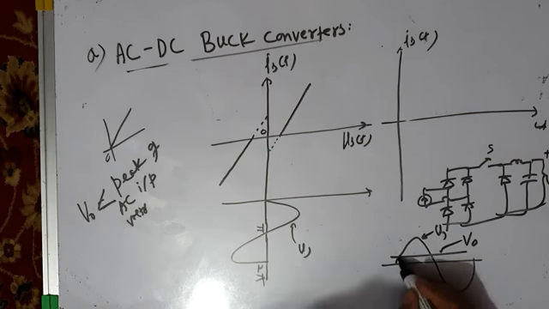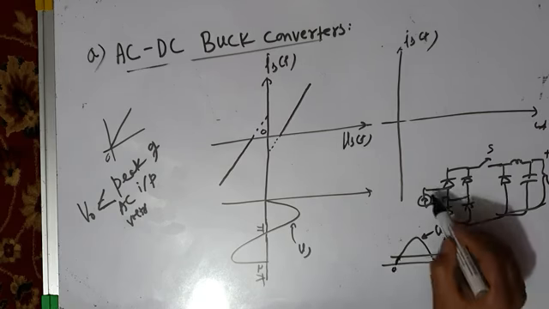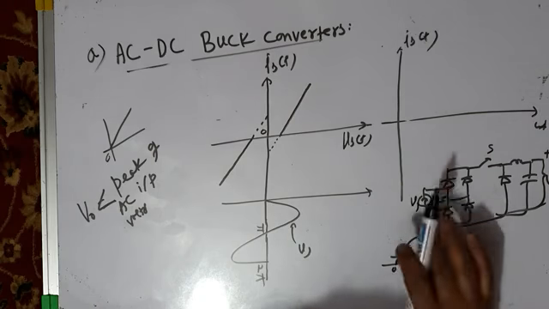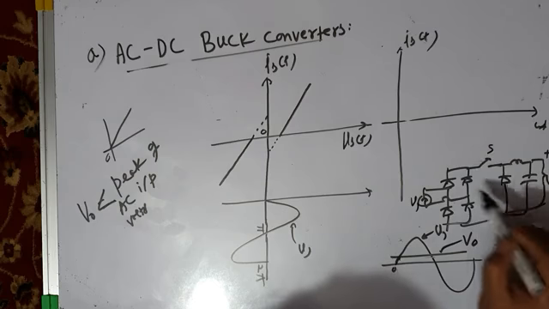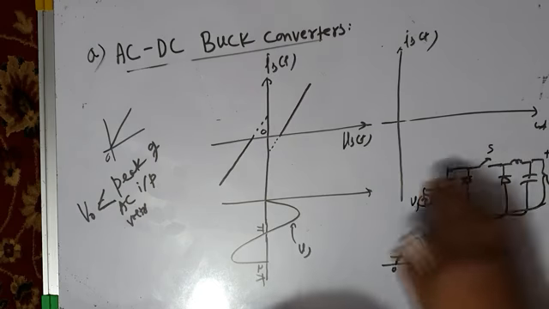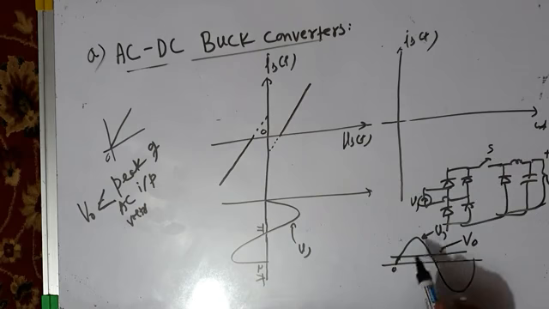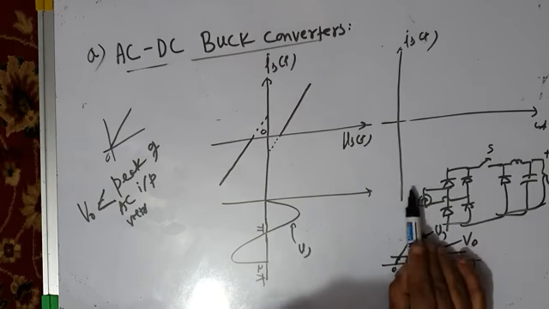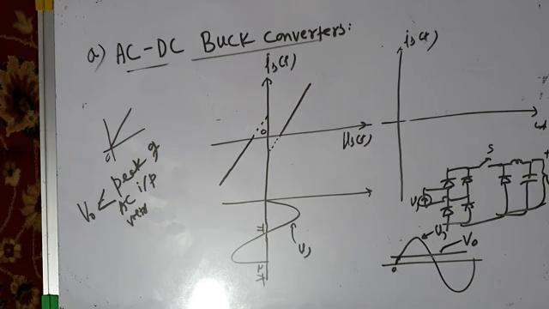Now you can see from here to here, from this zero to this point, the instantaneous value of source voltage is less than output voltage. And when this source voltage is less than output voltage, even if you are closing the switch, no current will be flowing from this side to this side. Reason? Because current cannot flow from low potential to high potential. So from this point to this point, source voltage is less than output voltage.